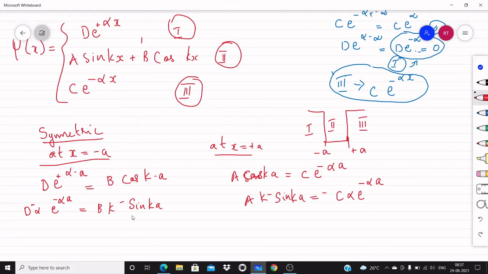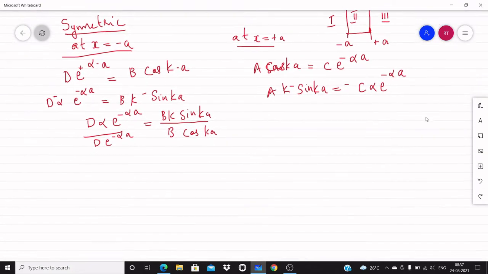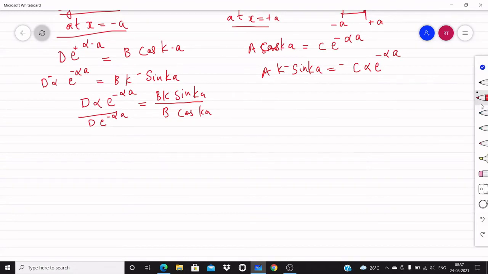Now if you divide, for example, this one, that is d alpha e raised to minus alpha a divided by d e raised to minus alpha a, and on the right hand side b k sin ka divided by b cos ka, this gets cancelled.